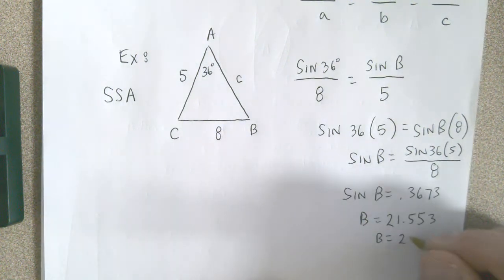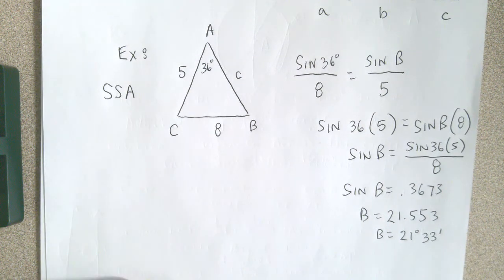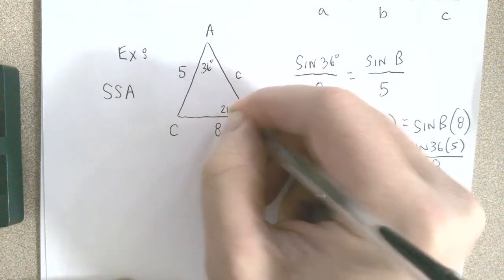You should get 21 degrees and 33 minutes. Now, once we have the 21 degrees, 33 minutes, that's angle B.